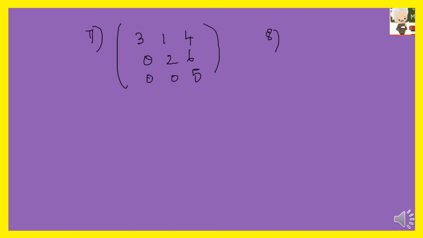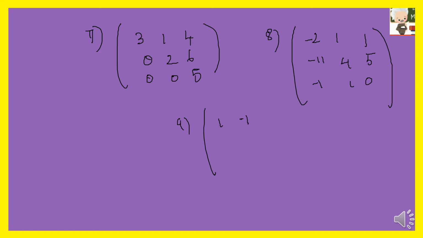And then the 8th question is minus 2, 1, 1, minus 11, 4, 5, minus 1, 1 and 0. And one more question, the last, 9th question, is 1, minus 1, 1, 1, minus 1, 0, 1, 0, minus 1.